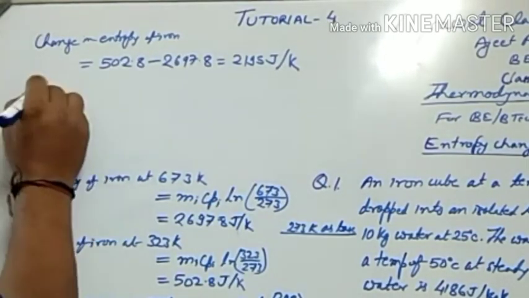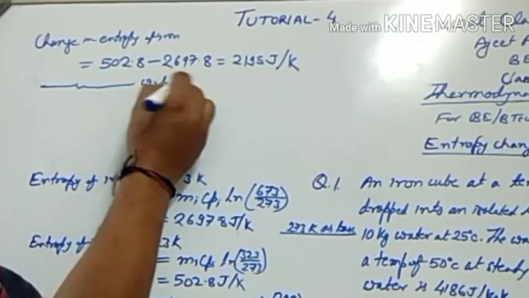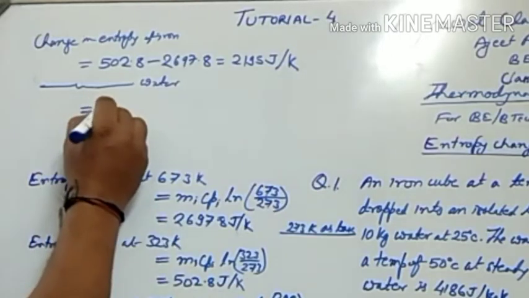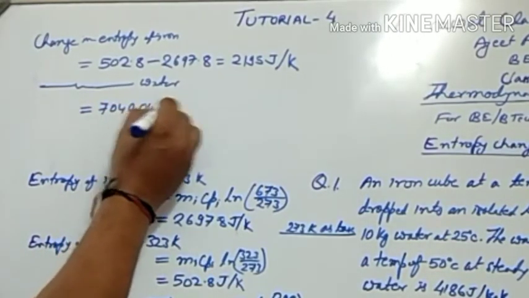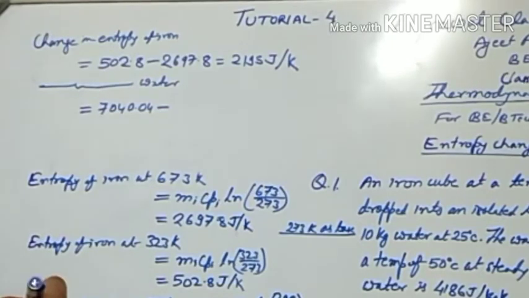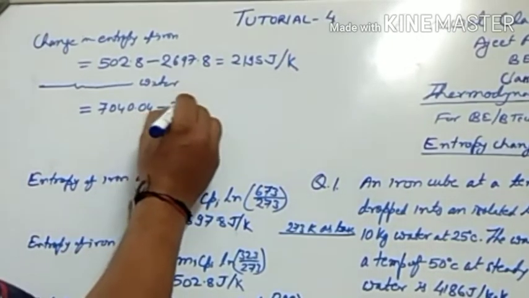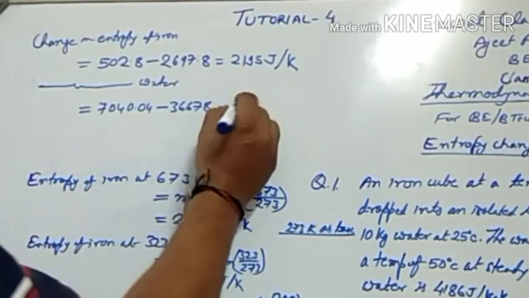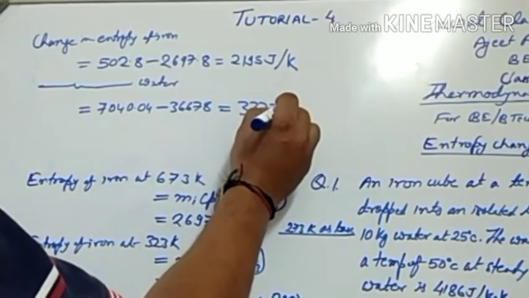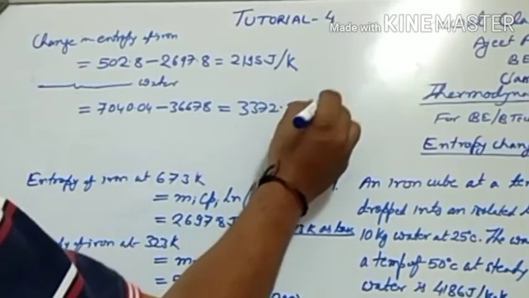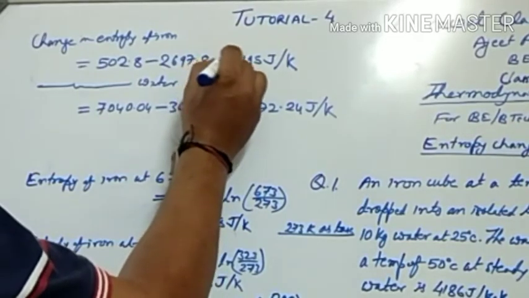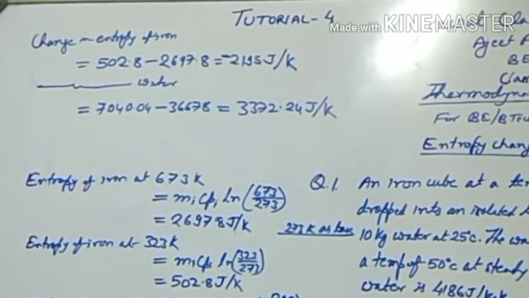Similarly, the change in entropy for the water is the final entropy, 7040.04, minus the initial entropy, 3667.8, which equals 3372.24 joules per Kelvin. So in this process, the change in entropy of the iron is minus 2195, and for the water it is this one.